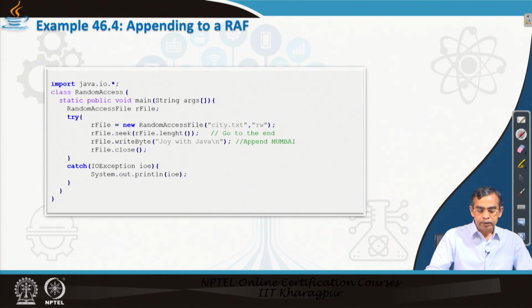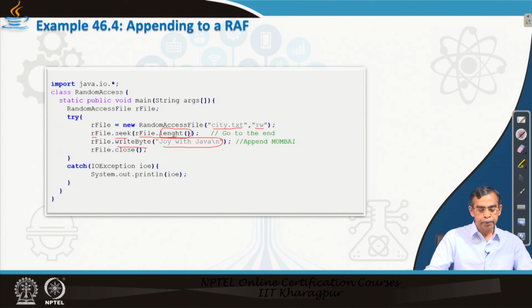Let the name of the file which you want to process be ct.txt. Assume that this file exists and we want to open it in read write mode. Now, here you see we seek the file pointer position at the length. Length is basically the amount of bytes available in the file. So, if we position the file at the length, that means it positions the file pointer at the end of the file, and at the end of the file we can call the writeBytes method, passing a string.